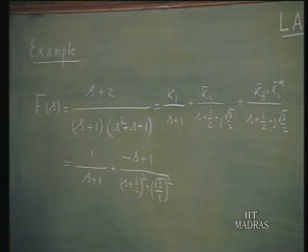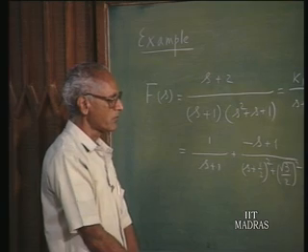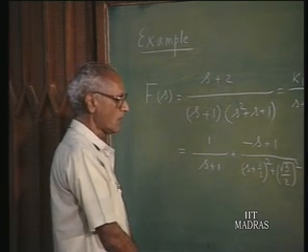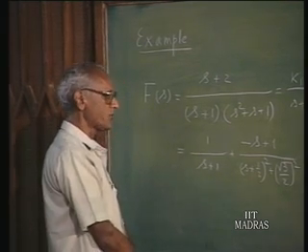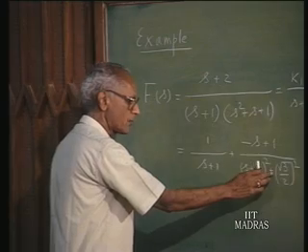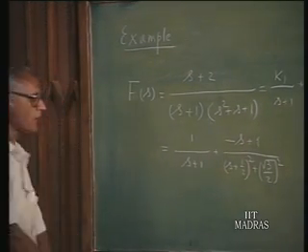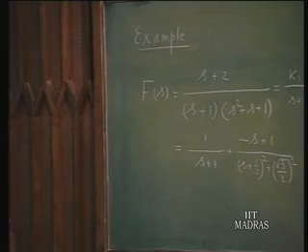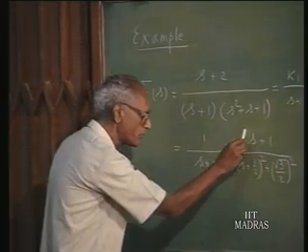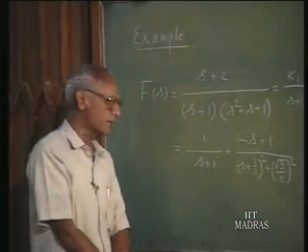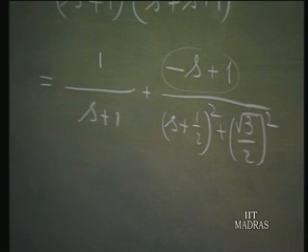After having done this, you recall that the inverse Laplace transform of s plus alpha over (s plus alpha) whole squared plus omega squared is e power of minus alpha t cos omega t. Therefore we should like to express this as a linear combination of s plus half as one term and root 3 by 2 as the other term.